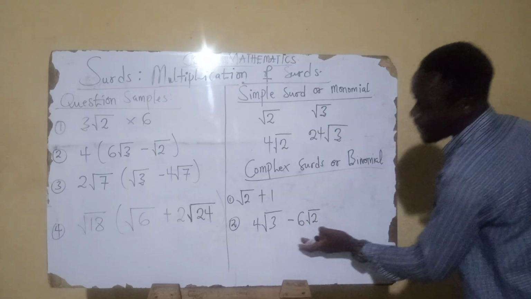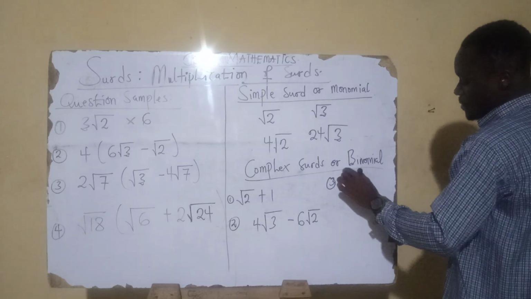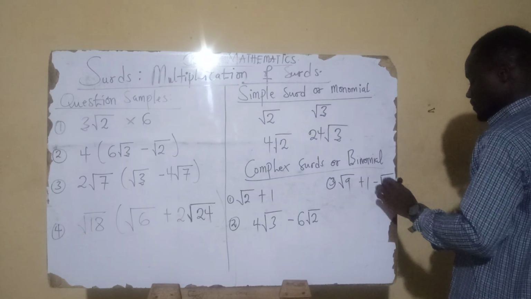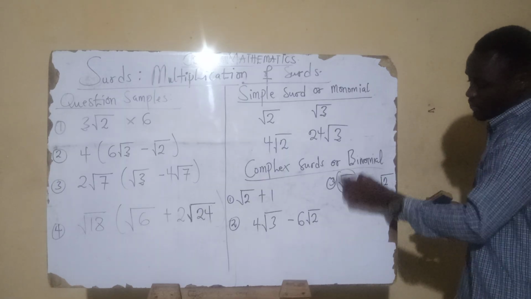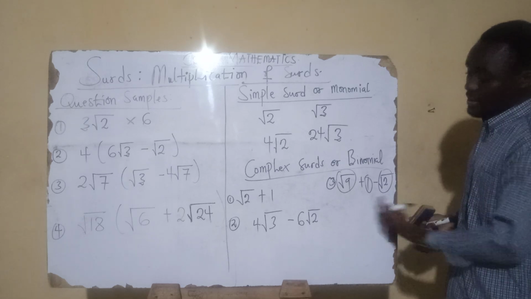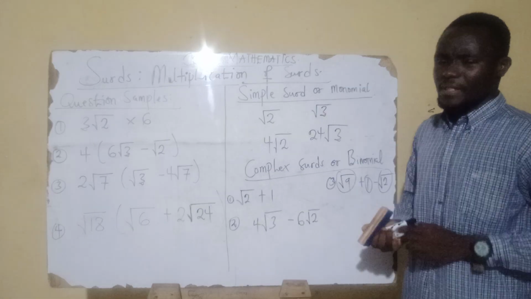It's an example of a complex surd. I can also have something like root of 9 plus 1 minus root of 2. It is also an example of a complex surd because this is 1 term, 2 terms, 3 terms. So you have 3 terms in there. That is why we call it what? A complex surd. I believe it is clear. Very good.